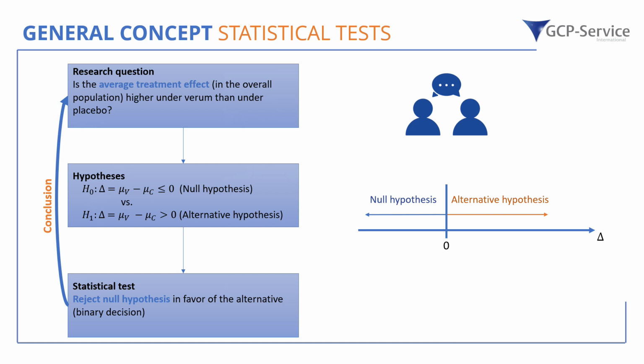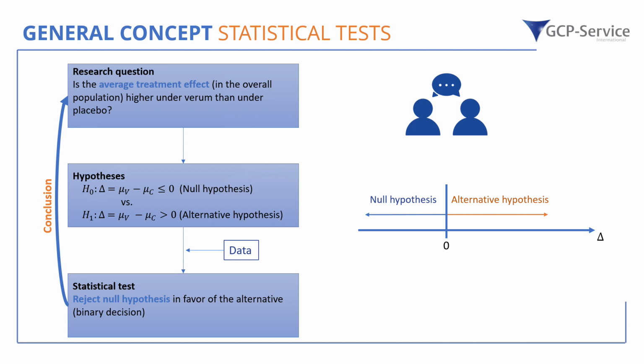And all these things are done prior to conducting the study. And when we have set up the statistical analysis, then we start to collect the data. And with that data, we make our statistical test. The idea behind the statistical test is that we test the null hypothesis. And we want to show that based on the data we have collected, it is very unlikely that the null hypothesis is true.